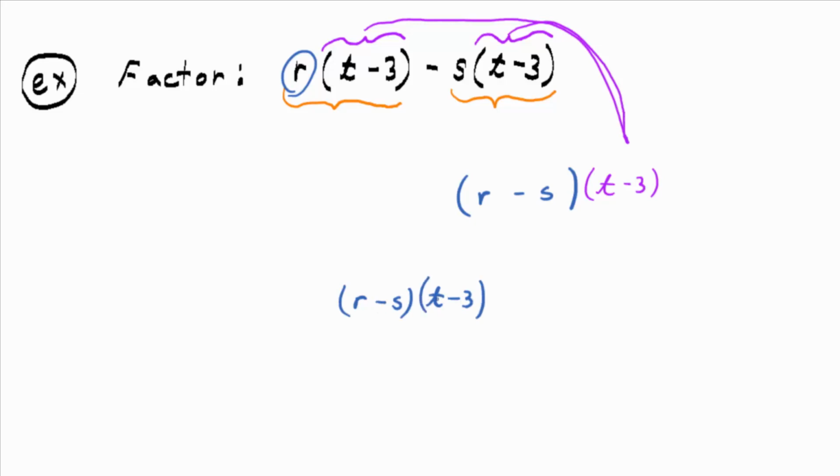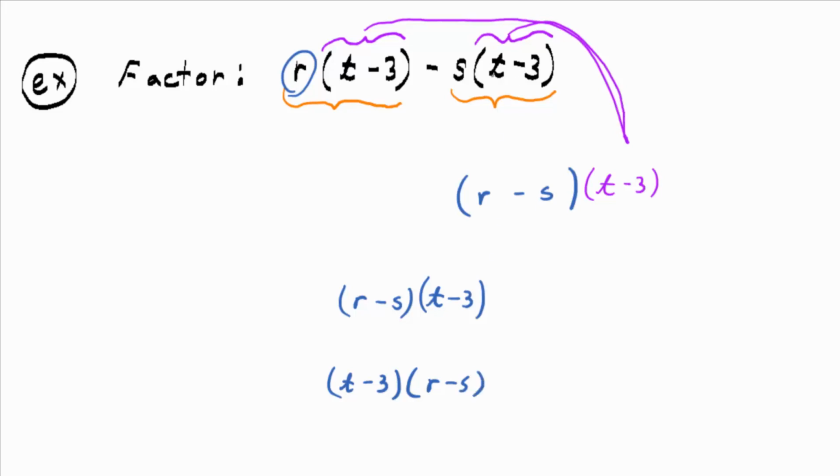Now, does it matter which order you multiply it in? Could you write the quantity t minus 3 first? Yeah, commutative property of multiplication says a times b is equal to b times a for any numbers a and b. So r minus s, that quantity times the quantity t minus 3 is the same as t minus 3 times the quantity r minus s.